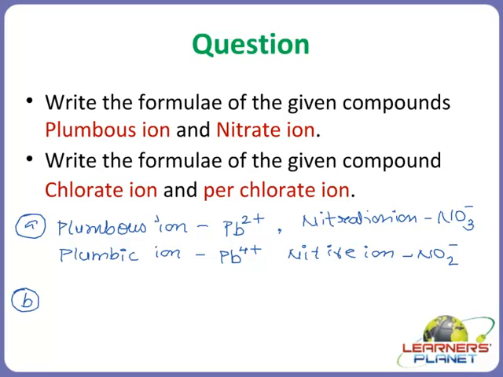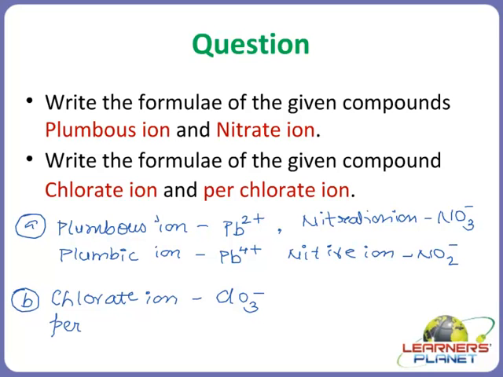The next question over here is, write the formulae of the given compound. Chlorate ion, it is ClO3 minus. So what is chlorate ion? Chlorate ion is ClO3 minus.